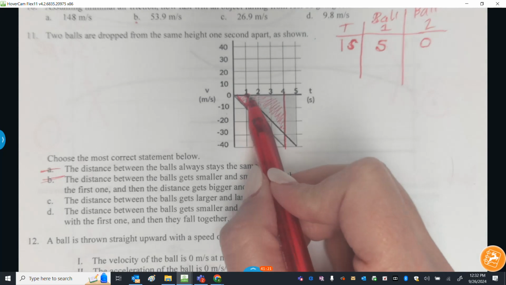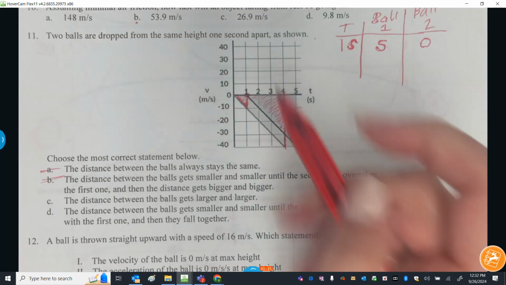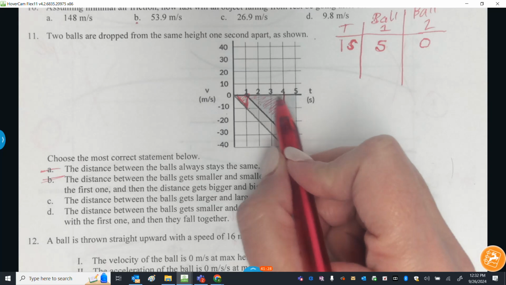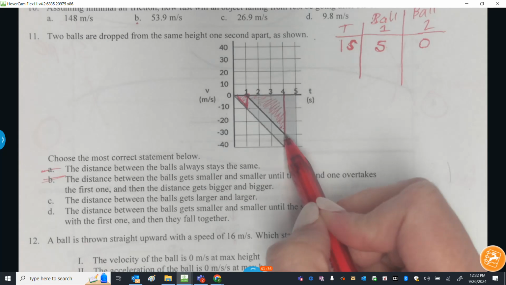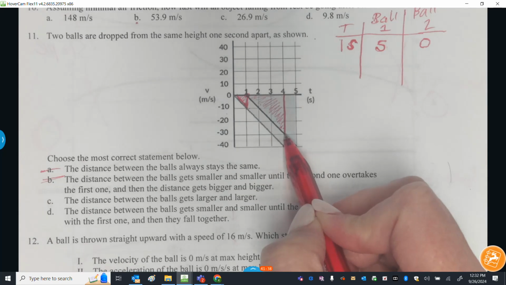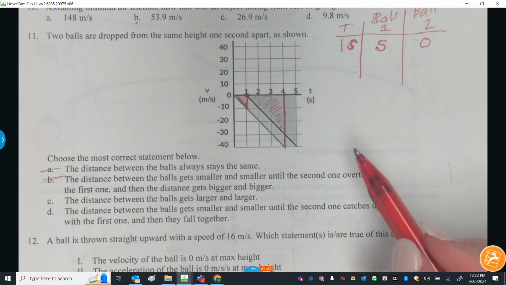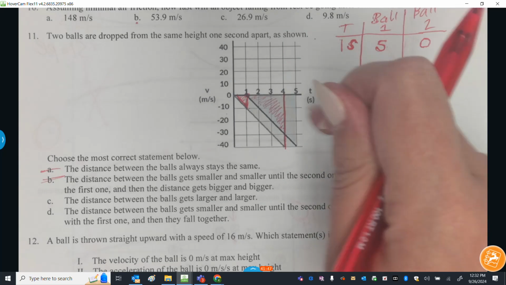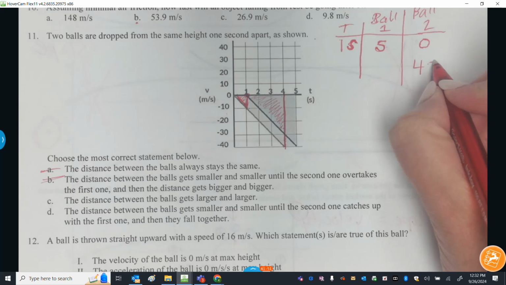The base of this triangle, actually this base is from 1 to 4. So it's actually only 3 across. Half of that is 1.5. 1.5 times the height of this one, which ends here at 30. So 1.5 times 30, or half of 3 times 30, is 45. So the position of ball 2 at 4 seconds is 45 meters.